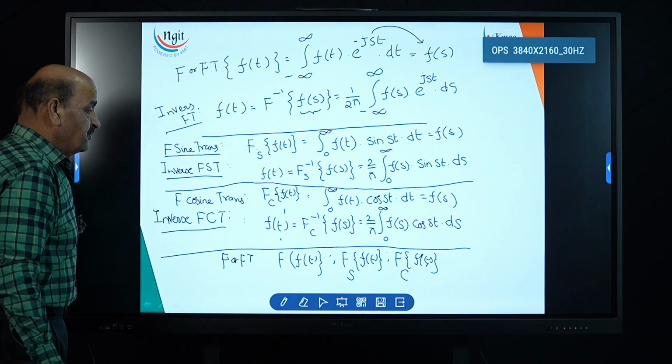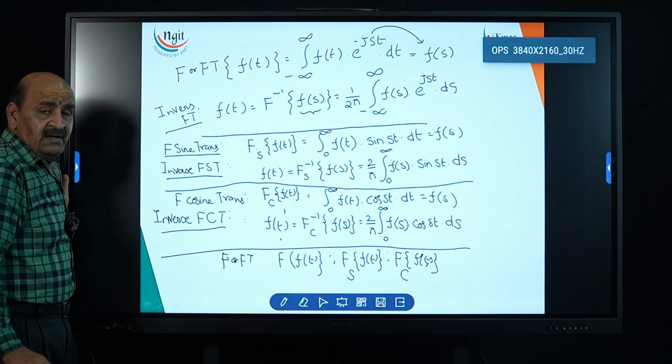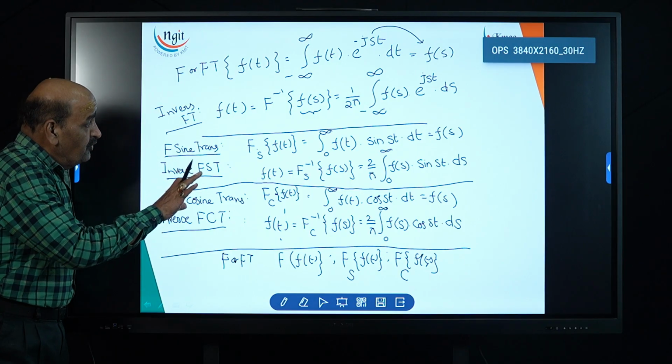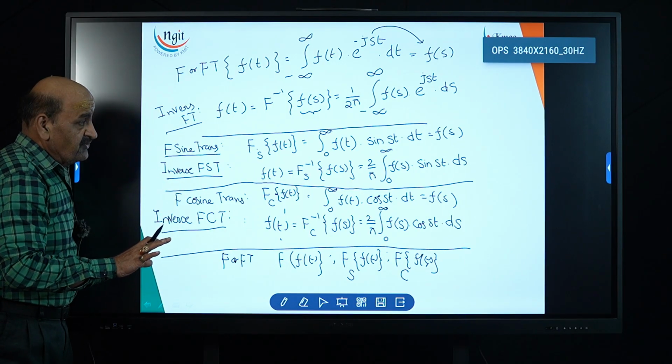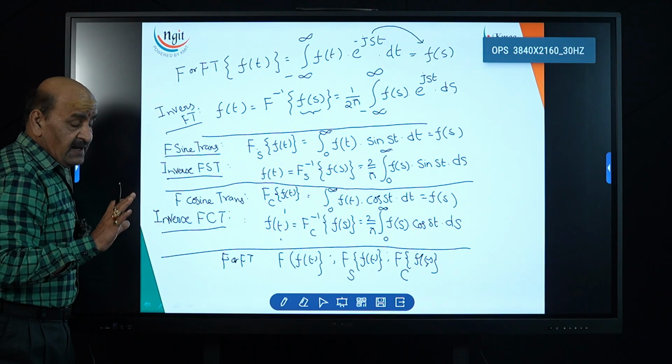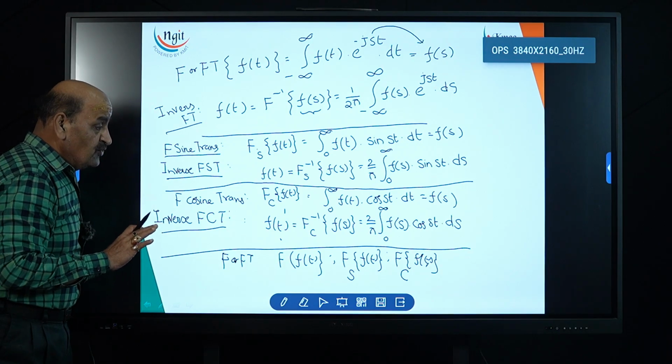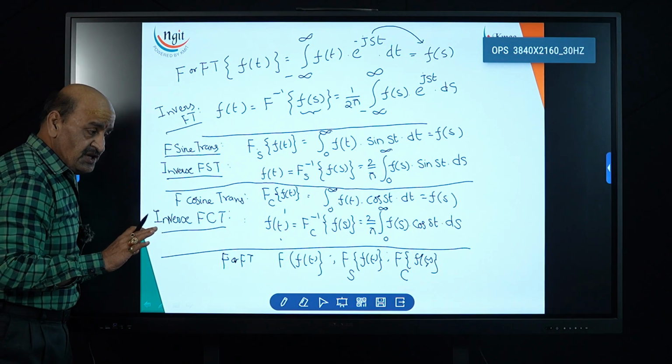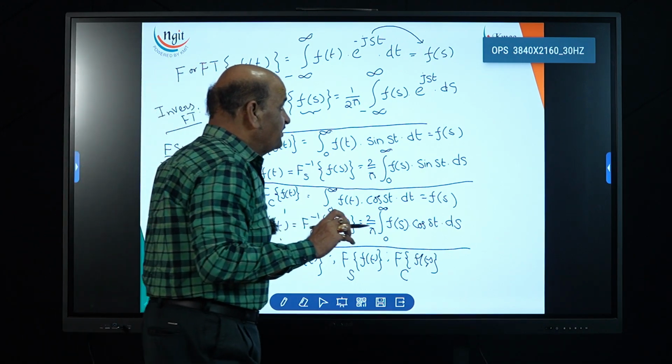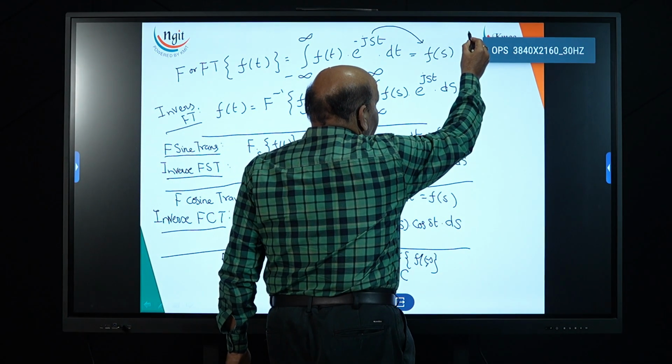These three make the entire domain of Fourier transformations, so students have to make these three points very important.